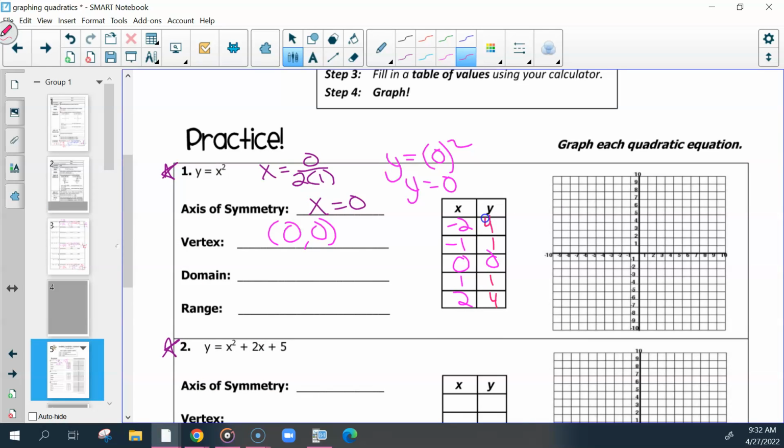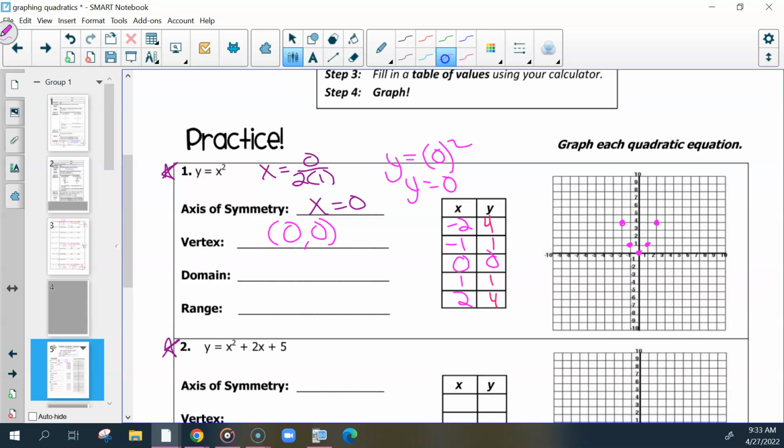Yes, we do that here. It does go up because this A is positive. Plot these 5 points. -2, 4, -1, 1, 0, 0, 1, 1, 2, 4.